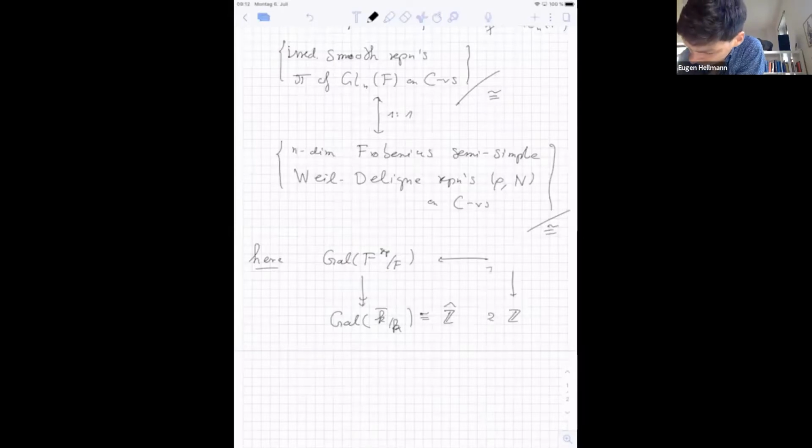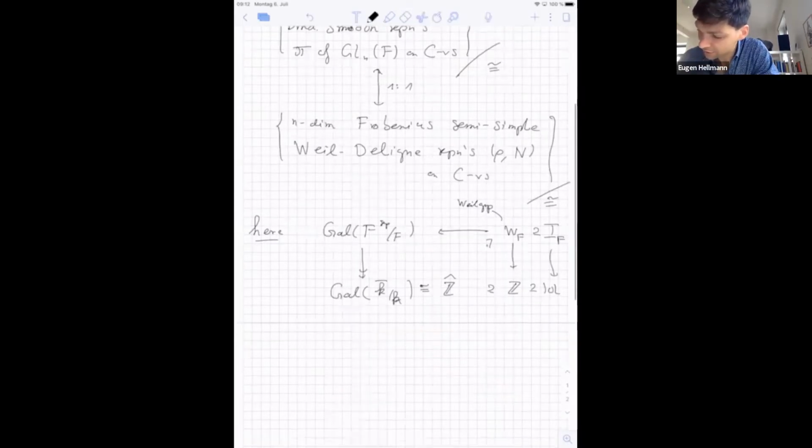And you can take the pre-image and you get a group W_F, which is usually called the Weil group, which then contains the pre-image of 0, the kernel of this surjection here, which is then usually called the inertia group.